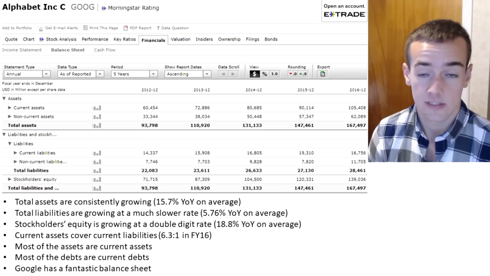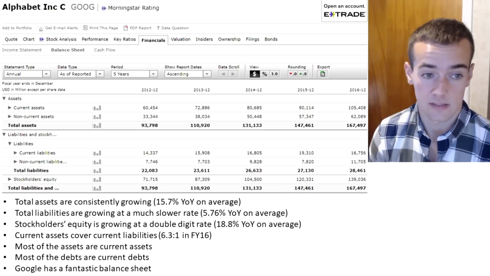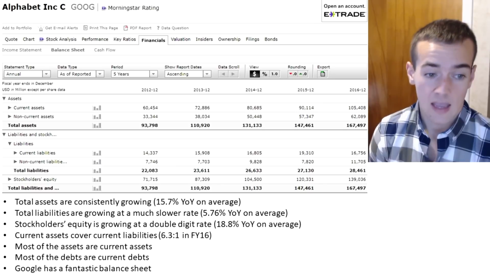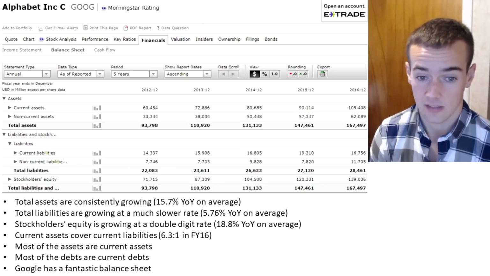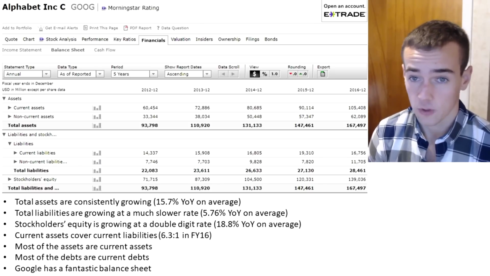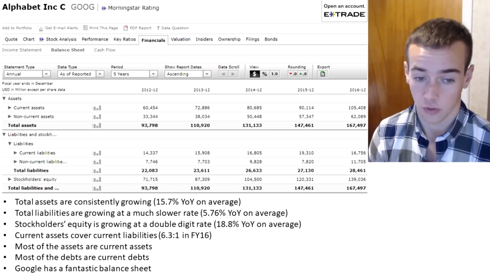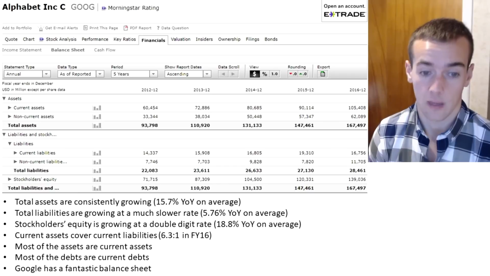So one of the first things I look for is, are total assets growing? Total assets are growing consistently, at a 15.7% year-over-year return on average, and what I look for is a double-digit return, so that checks that off on my box.